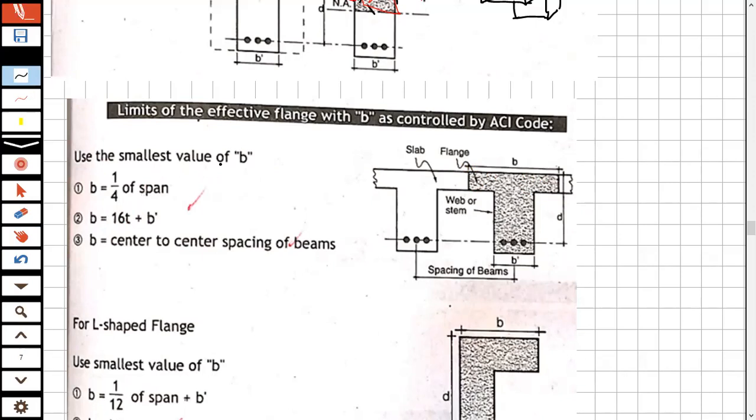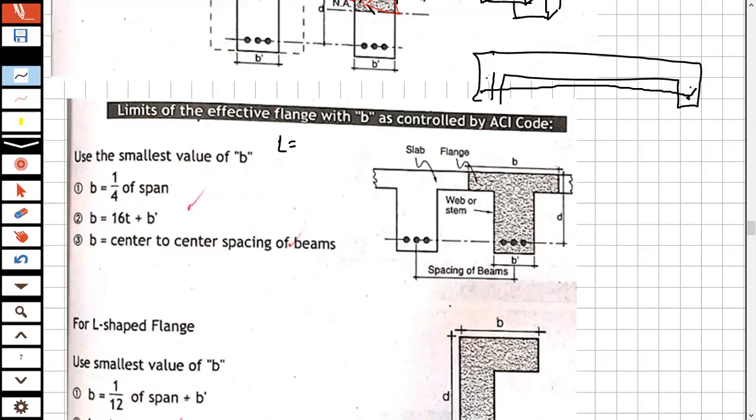Okay, for example, if the span is 6 meters, ibig sabihin, if you have this beam, itong support, possibly center to center. So let us say span is 6 meters. So this is just 1/4. To select B or the width of the flange, this is just 1/4 of your 6 meters.